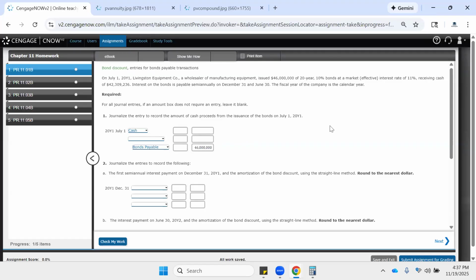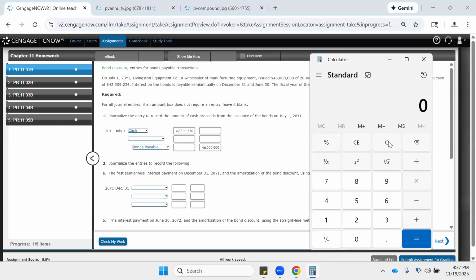So because the bond is paying less interest than the market rate, the bond has to be discounted so that the cash flows over the period of the bond, including the repayment of the face value on the maturity date 20 years later, give investors an effective interest rate of 11% on their investment. And so the cash received is 42,309,236 because that's given to us.